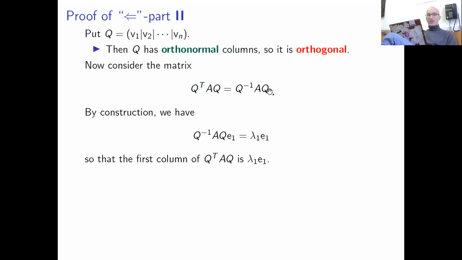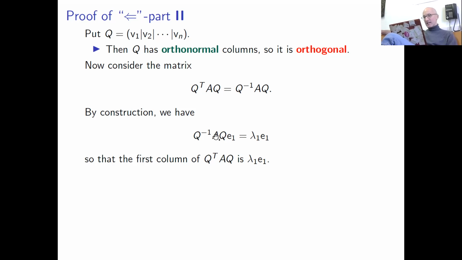Again, if we just get lucky and v2, v3 up to vn are eigenvectors, then this matrix must be diagonal, and we are done. But probably they are not. So we get some matrix, but it's a little bit simpler than matrix A. Why?